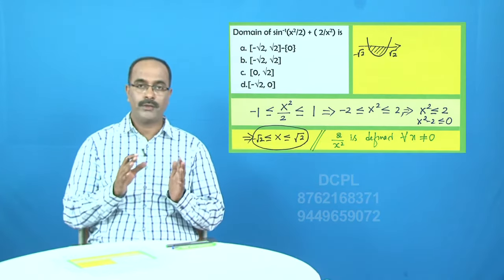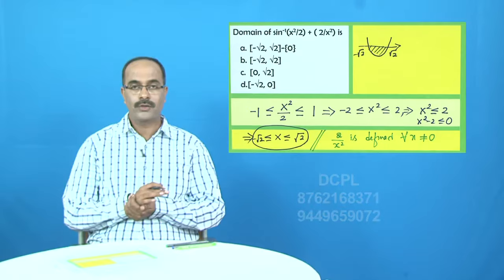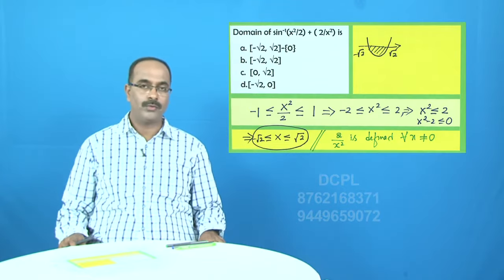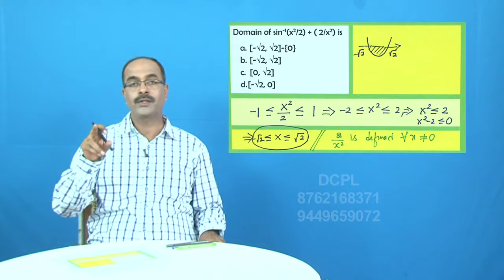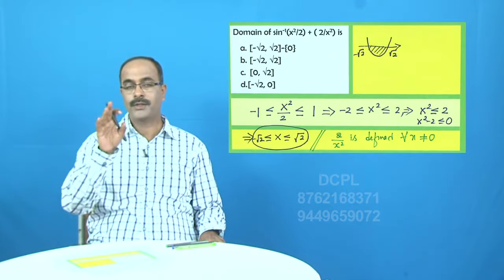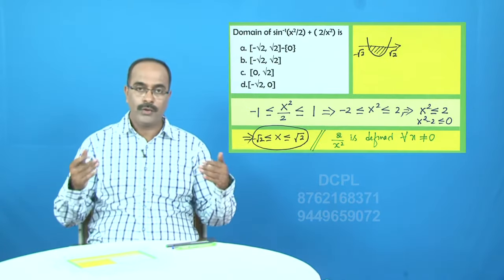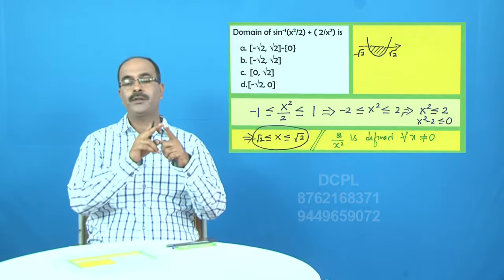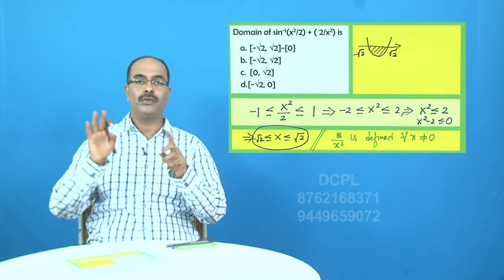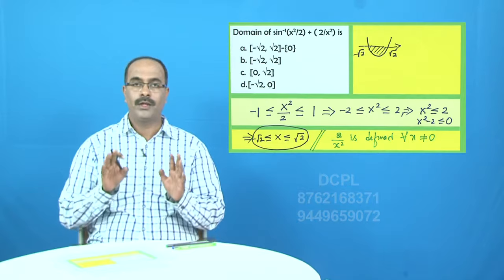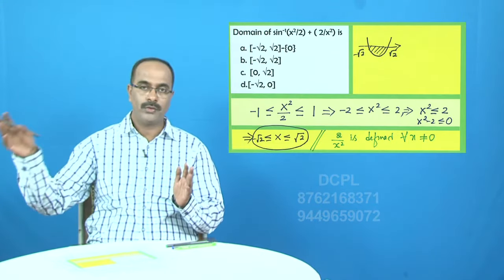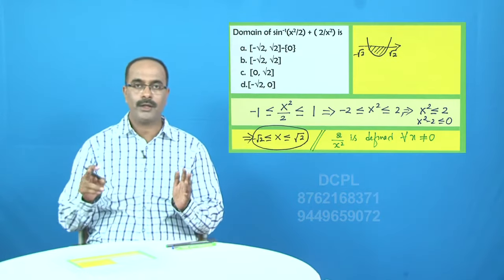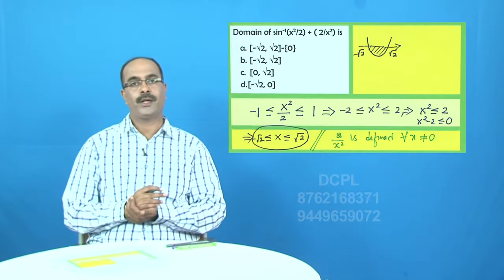The domain of sine inverse of x square by 2 is minus root 2 to plus root 2, whereas the domain of 2 by x square is the set of all real numbers except 0. So the intersection is minus root 2 to plus root 2 except 0, or you can write it as minus root 2 to 0 union 0 to root 2, where 0 is in an open bracket and root 2 is in a closed bracket.